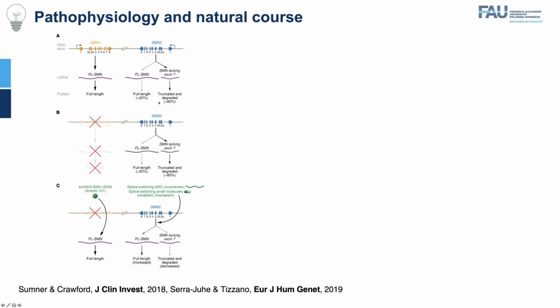It's about 20 percent, maybe a little bit lower, that is still functioning and working as an SMN protein. And this is why there are different therapy strategies, to replace the gene or to alter the expression of the SMN2 gene, which are currently developed and actually approved right now for these patients.